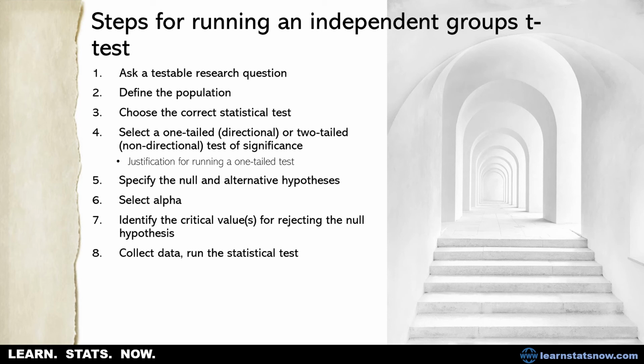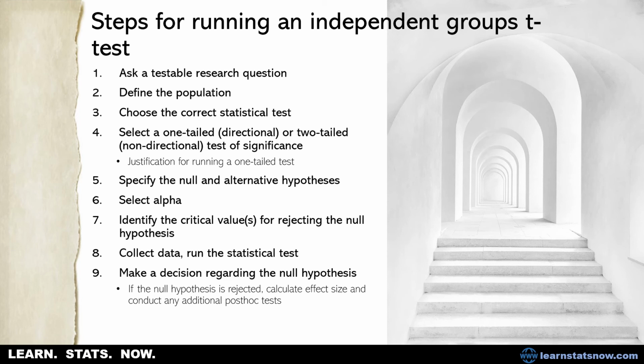So then we collect our data, we run the statistical test, and we look at the p-value that's obtained, which results from the t-ratio, and we say, did it fall in the region of rejection? So we make a decision regarding the null hypothesis, and if the null hypothesis is rejected, then we calculate what's called effect size.